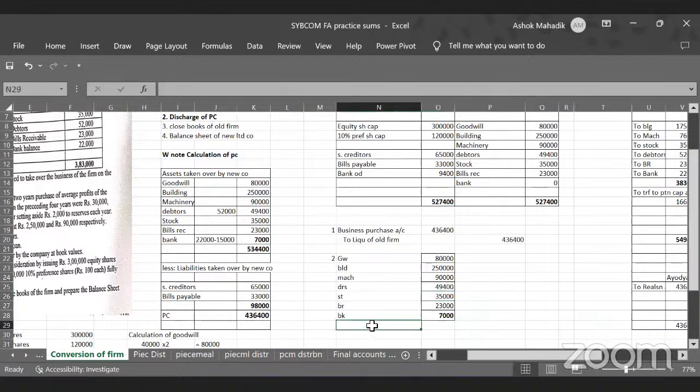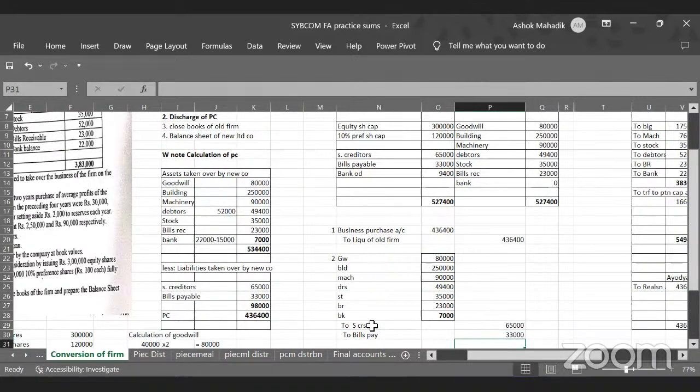To liabilities one by one. It is sundry creditors, 65,000. To bills payable, 53,000.